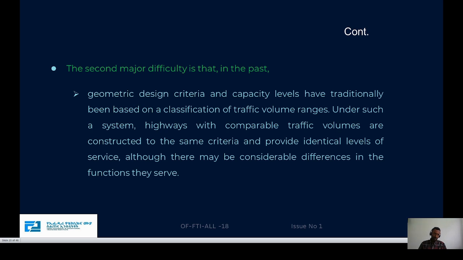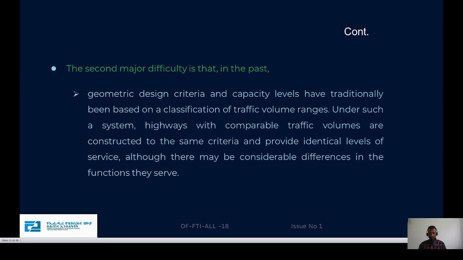The second major difficulty is that in the past, roads were classified based on geometric design characteristics and capacity level, as a traditional method. Geometric design means the horizontal curves and the vertical alignments.